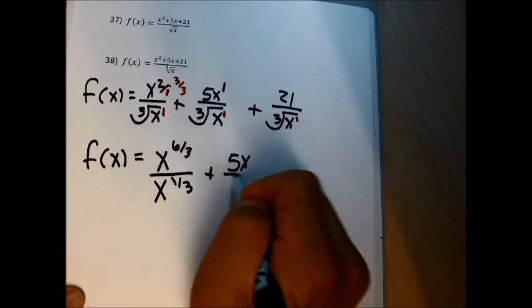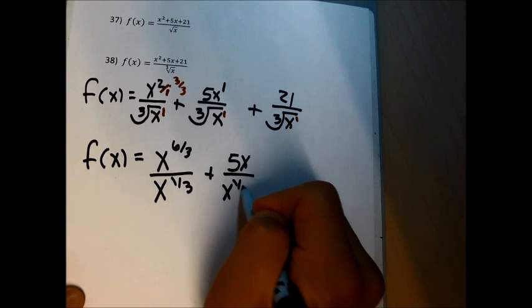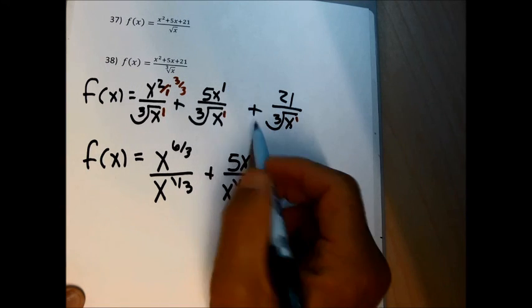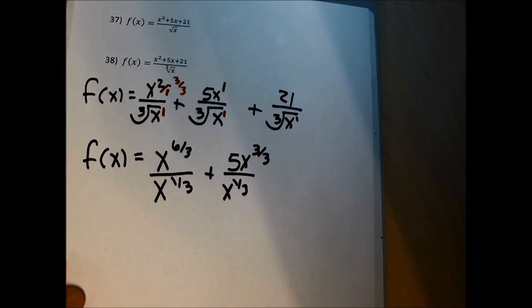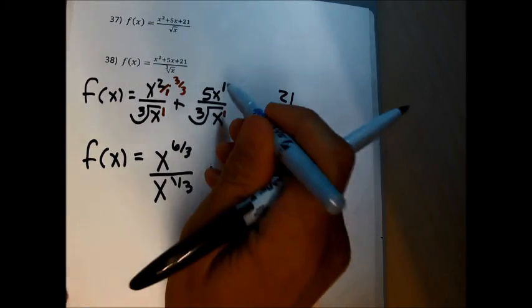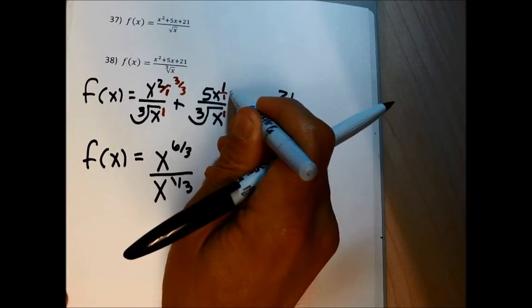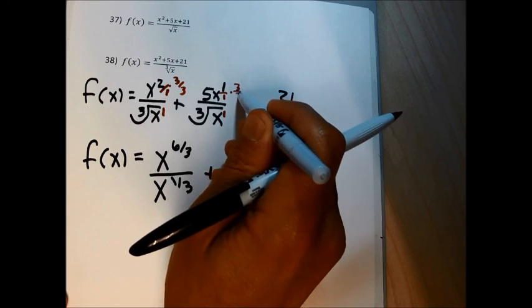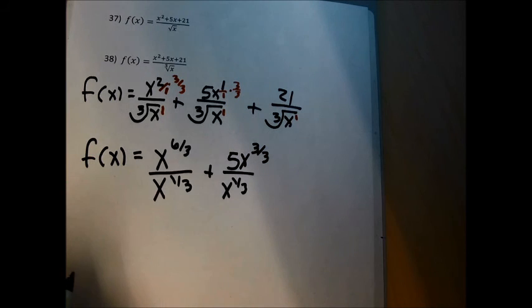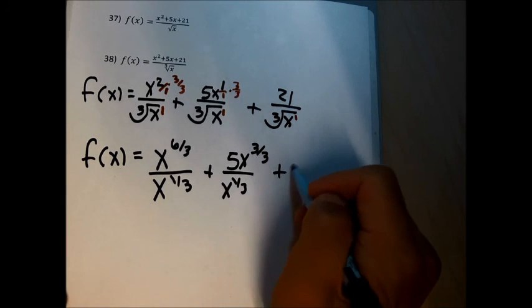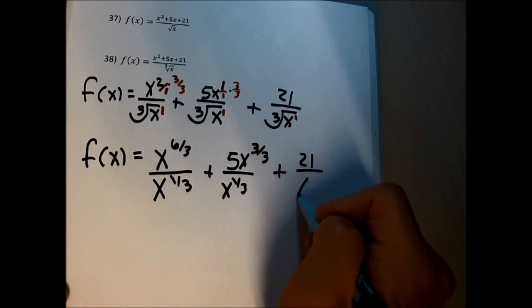In the second fraction, the x in the numerator is equal to 1, and I need it to be 3 for the denominator, and 1 is equal to 3/3. Same thing, I can rewrite the 1 as 1 over 1 and then multiply it by 3 over 3. And then the last one, I don't need to do anything to the numerator.